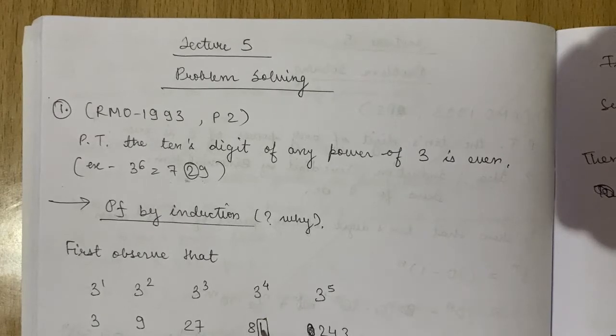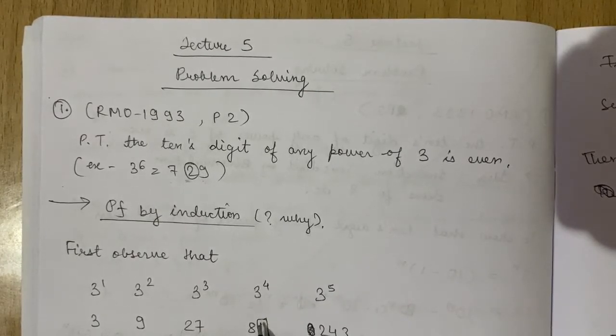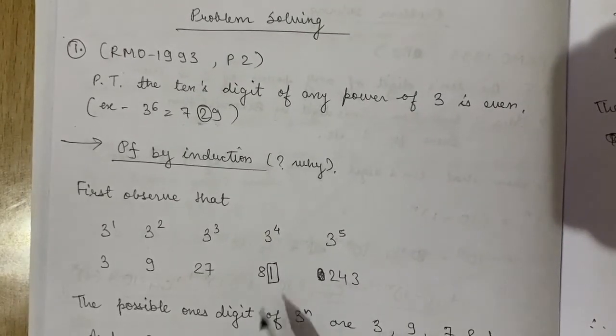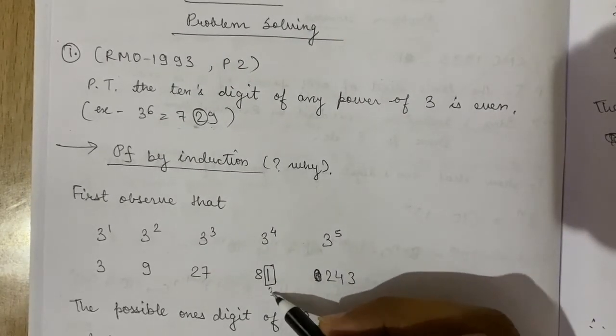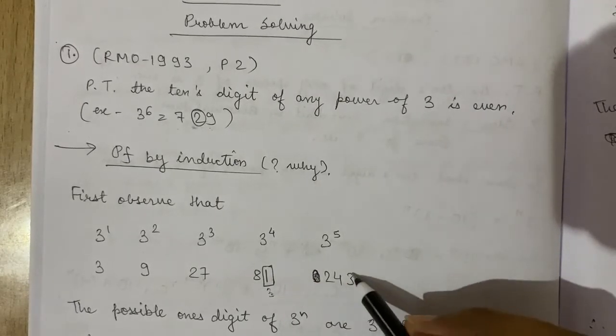Beyond this, if we check the ones digit, these digits will recur. This 3, 9, 7, 1 would recur, because to get the ones digit of 3 to the power 5, we multiply 81 by 3. We multiply 1 by 3 first to get the ones digit, which is 3.